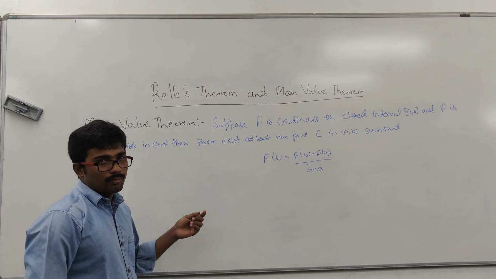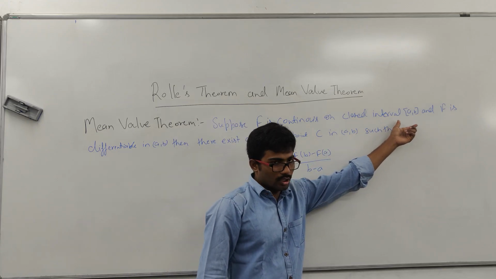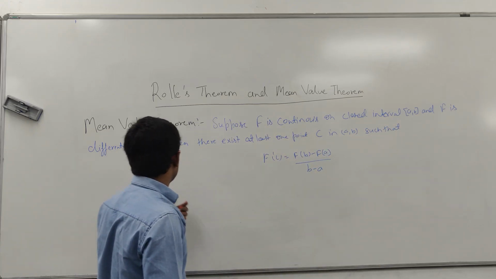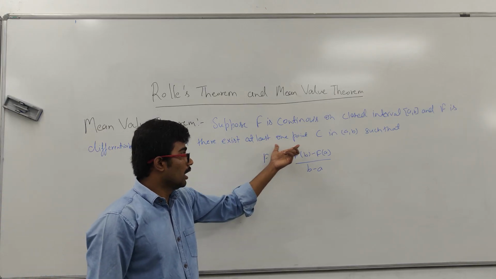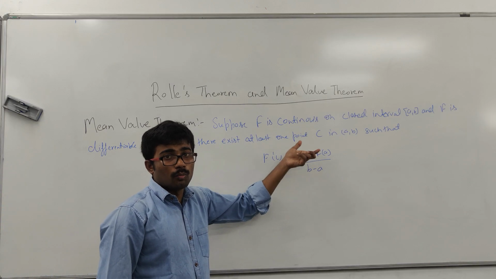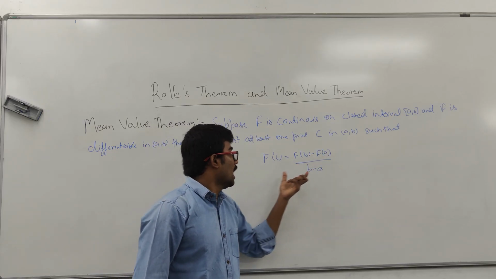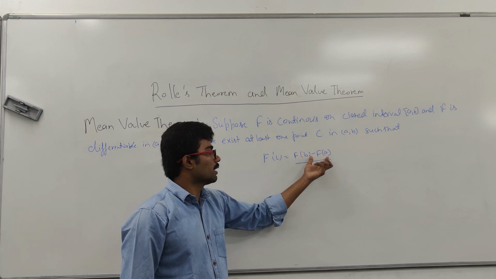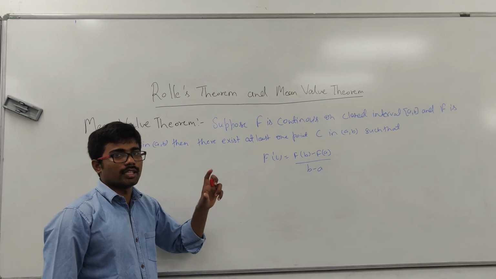So the statement of mean value theorem is: suppose f is continuous on closed interval a comma b and f is differentiable in open interval a comma b, then there exists at least one point c, that is, more than one point are possible, in a comma b such that f dash c is equals to f of b minus f of a upon b minus a. So in Rolle's theorem, f has three conditions.